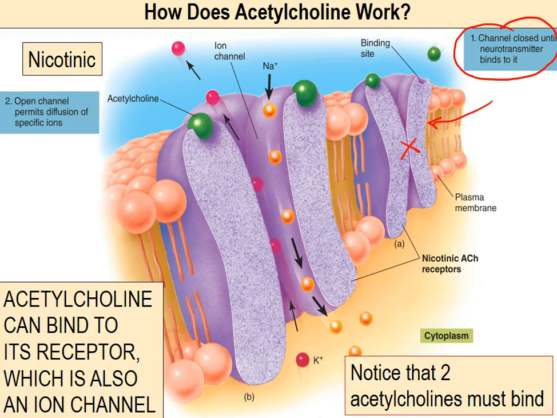But when acetylcholine binds, which is shown in green, two acetylcholine molecules bind to this receptor, which is the nicotinic acetylcholine receptor, then the channel becomes open and permits the diffusion of sodium ion into the muscle cell.